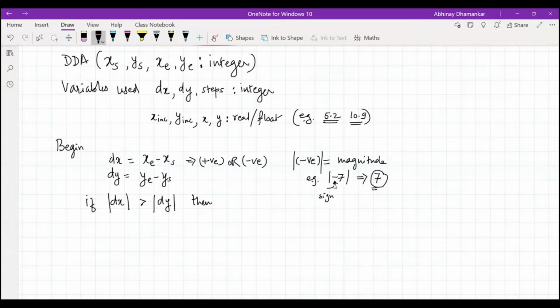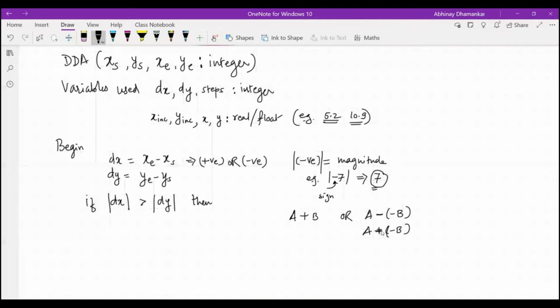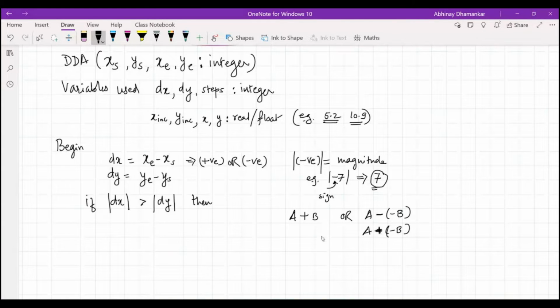So here, suppose I want to write a plus b, or a minus of minus b. Suppose I want to write it down, okay, or a plus minus b. So will you be able to differentiate between these operations when certain things happen?